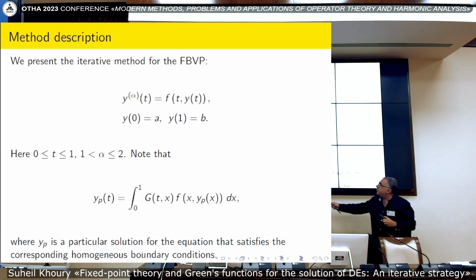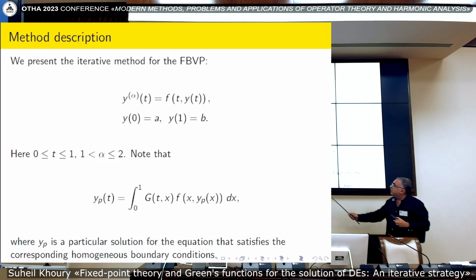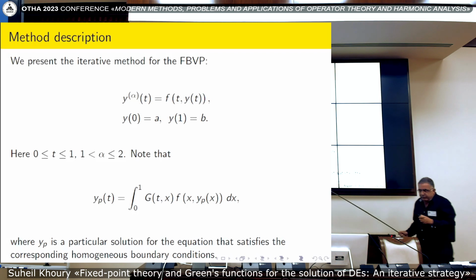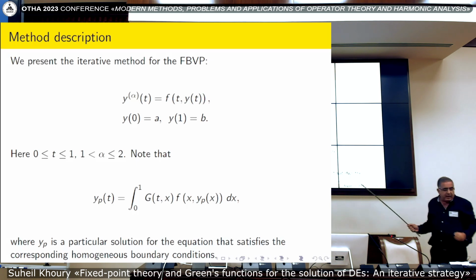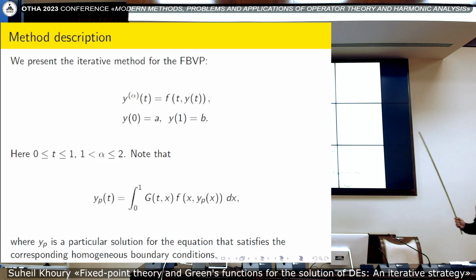So if you find the Green's function, then with the non-homogeneous term f, this is the particular solution. I forgot to mention this. By the way, this is the true particular solution for the problem I mentioned earlier if the boundary conditions are homogeneous.